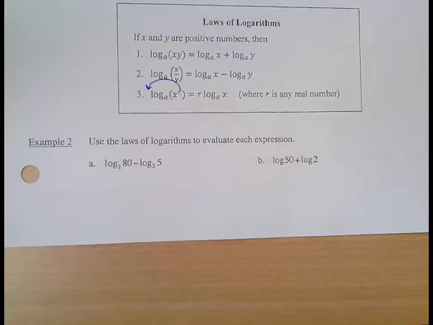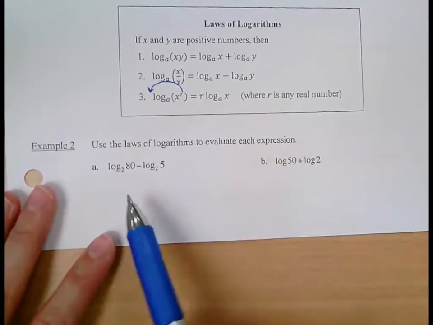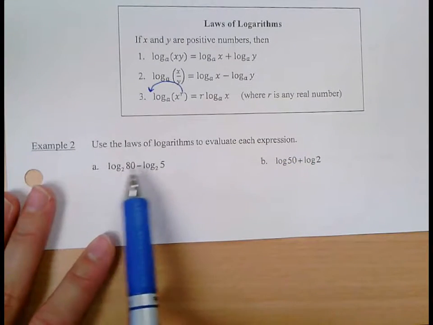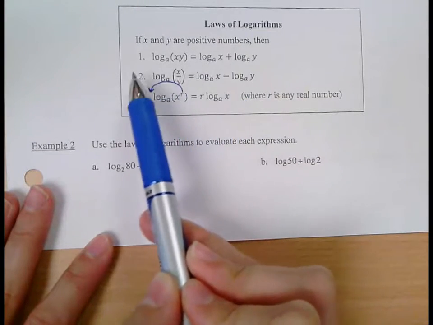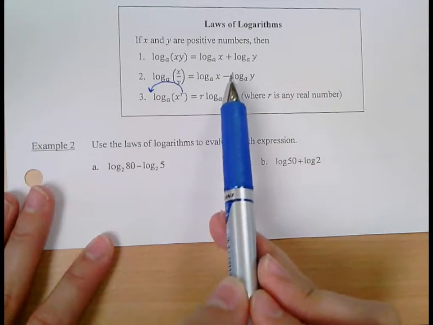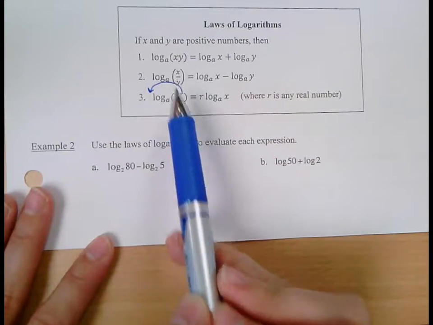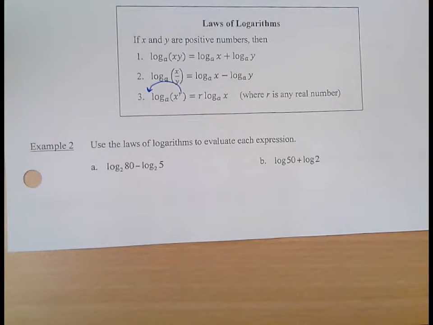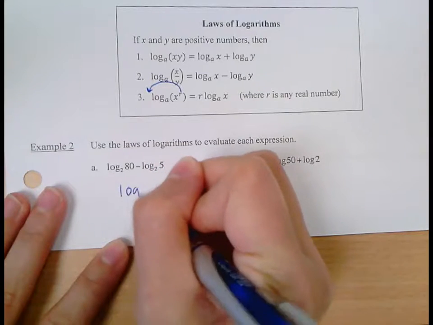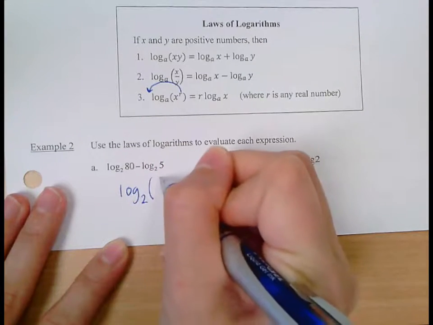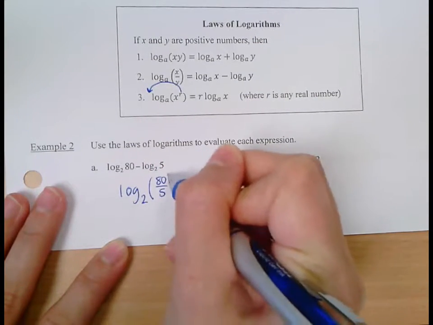In this case, they're both 2. So if I have the difference of two logs, then I'm looking at the second law of logarithms. I can rewrite that as a quotient. So I can put it as one logarithm, a quotient. So it would be log base 2 of 80 divided by 5.